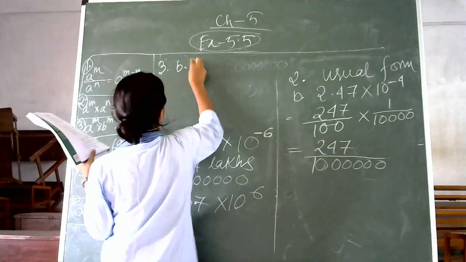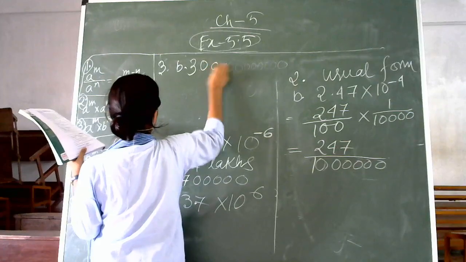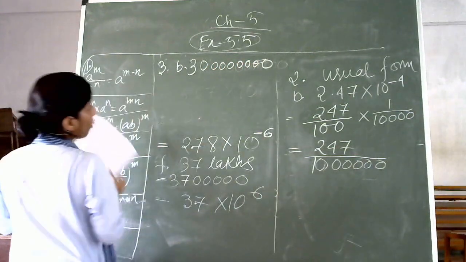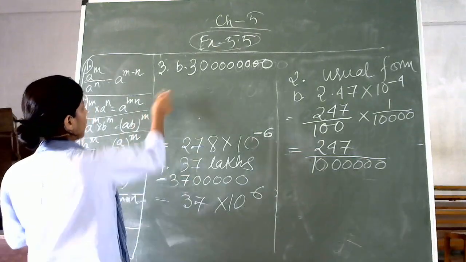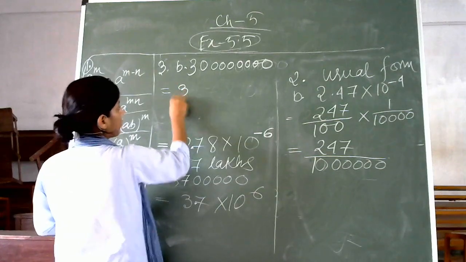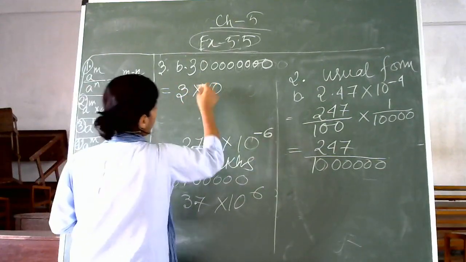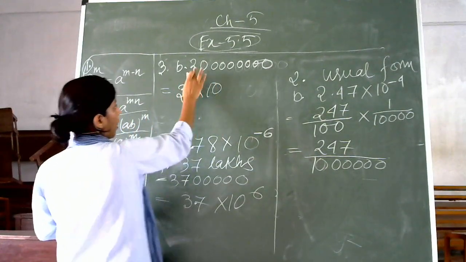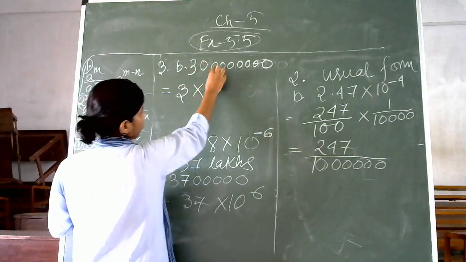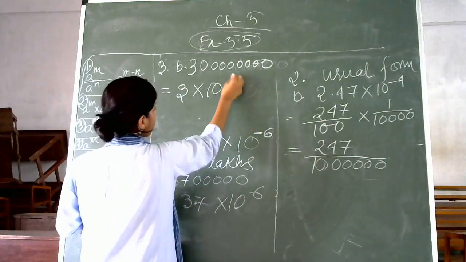Okay. After 3, there are 8 zeros. So how do we write? The same way. What is the digit over here without 0? 3. So I'll write 3 into 10 to the power whatever there is. After 3, how many zeros are there? 1, 2, 3, 4, 5, 6, 7, 8. So 10 to the power 8.